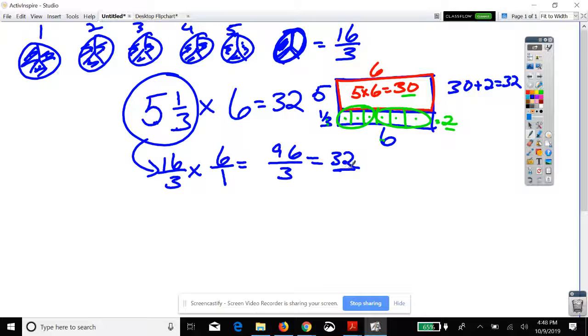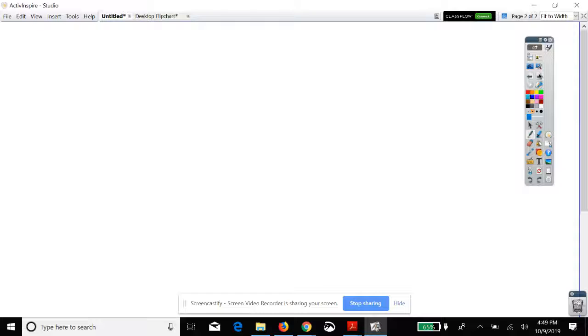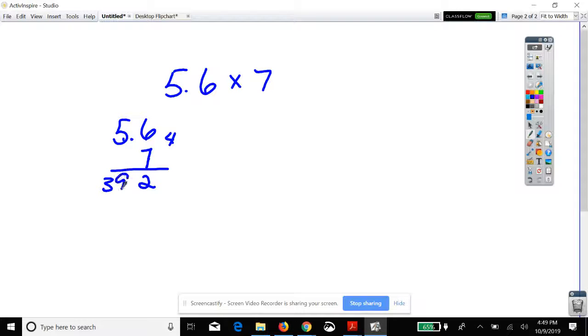We've seen that this way, and we've seen that this way. But you're saying, hey, I like fractions, no problem. This works with decimals too. If I said 5.6 times 7, well, I can line those up. 6 times 7 is 42. 7 times 5 is 35, plus 4 is 39.